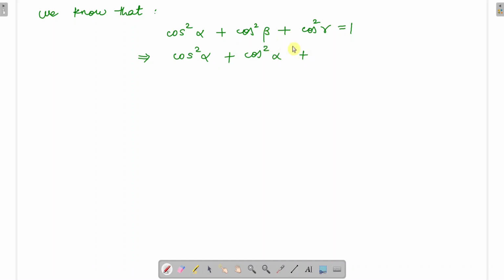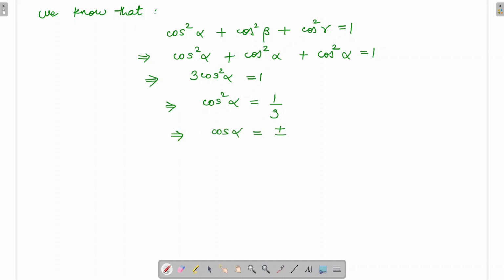So this implies 3 times cos square alpha equal to 1, so cos square alpha is equal to 1 by 3. So that means cos alpha is equal to plus or minus 1 by root 3, right?